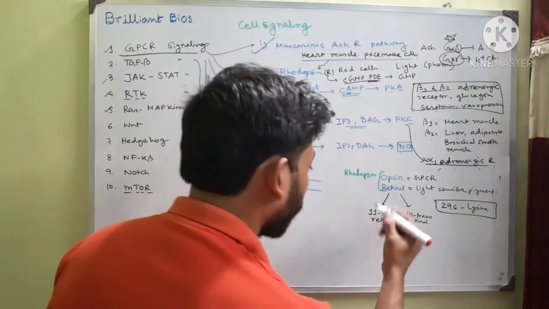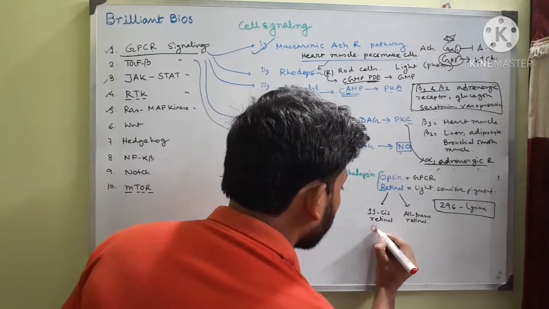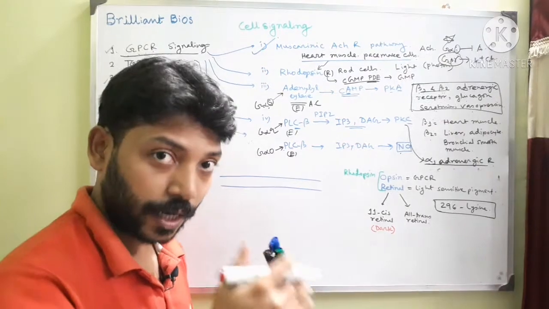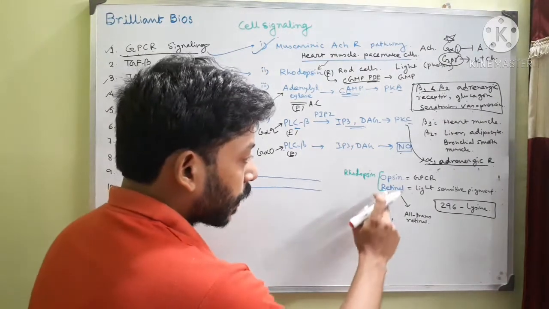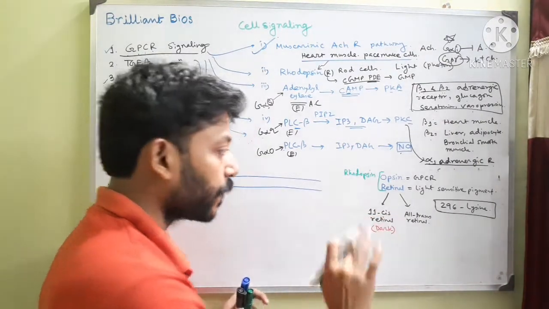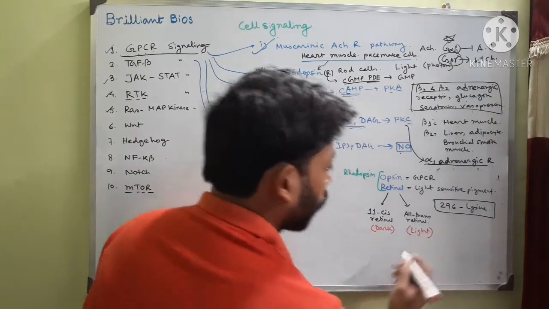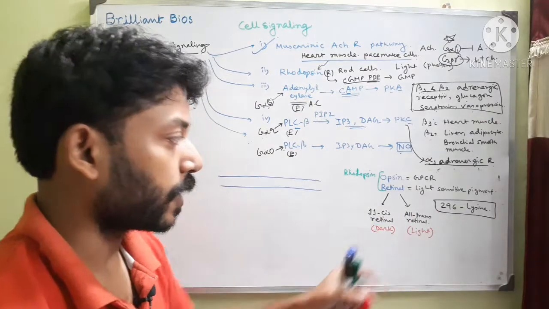Just remember the fact that 11-cis retinal is present when the rhodopsin is in the dark state. So in dark conditions, the retinal is in the 11-cis isomer, and when light falls, this isomer changes into all trans retinal.